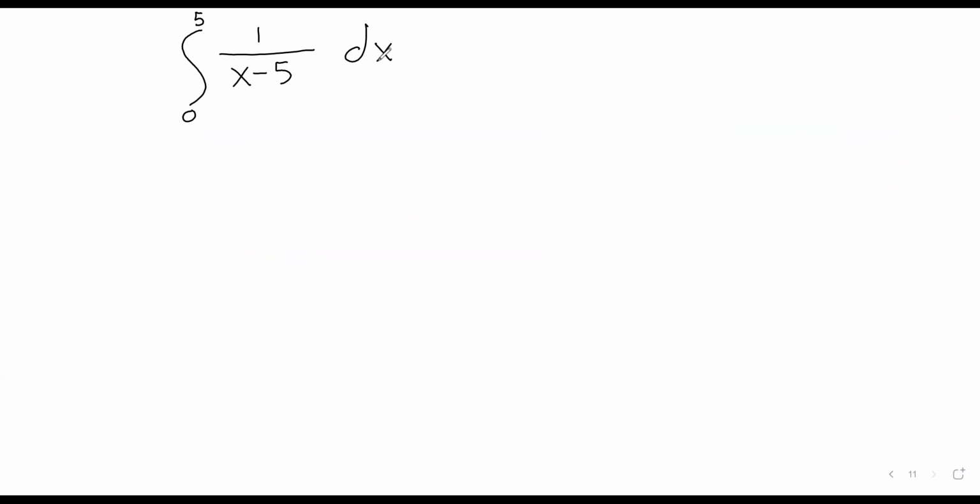But the integral from 0 to 5 of 1 over x minus 5 dx. Well, now we have a division by 0 error and a vertical asymptote, but it's happening up on the top instead of down below.